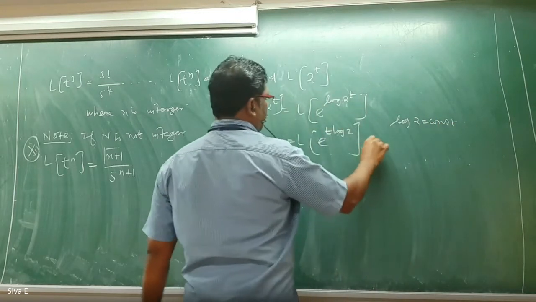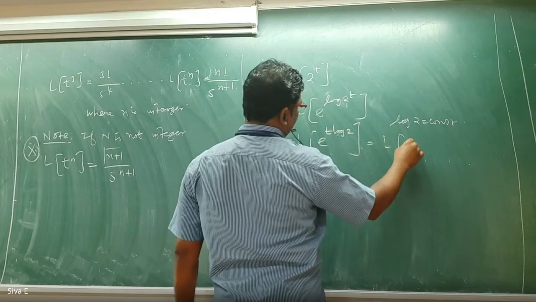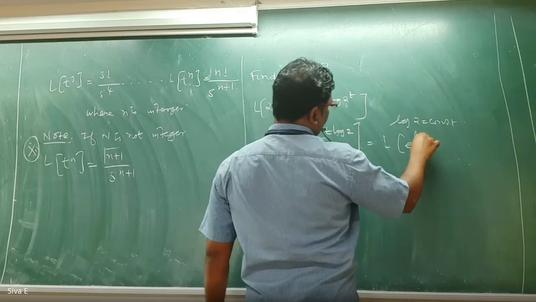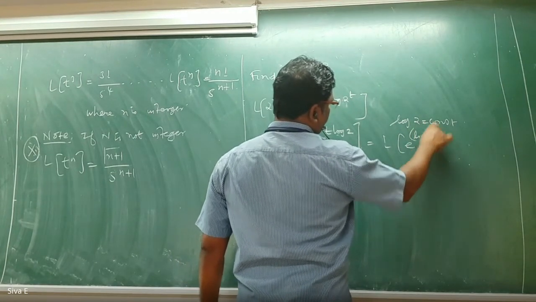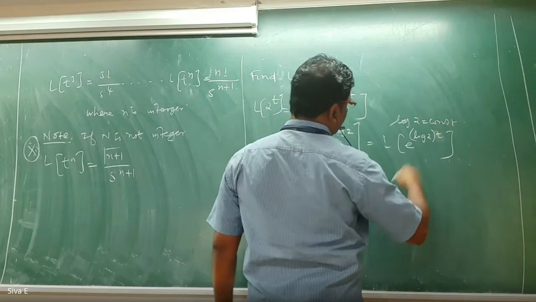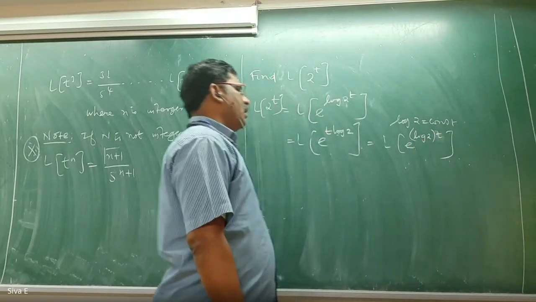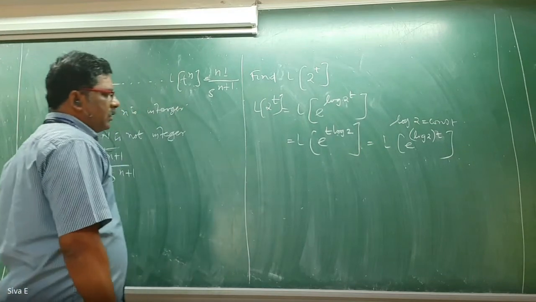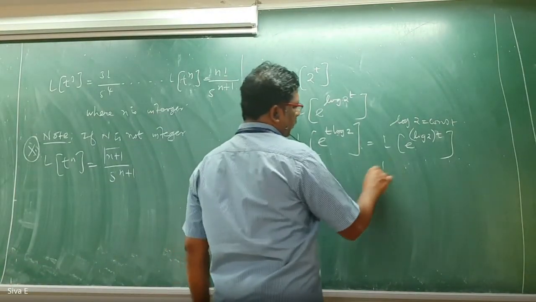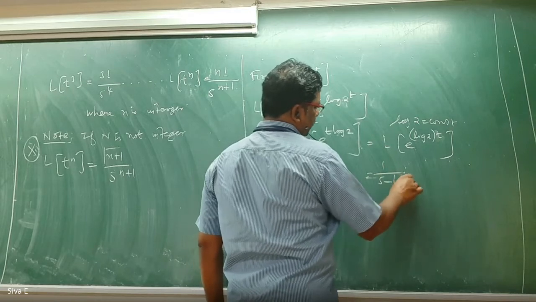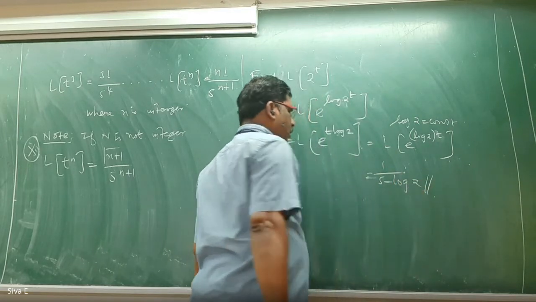Therefore it is in the format of Laplace transform of e power (log 2) t, that is e power at. E power at is 1 by s minus a. So that is equal to 1 by s minus log 2.